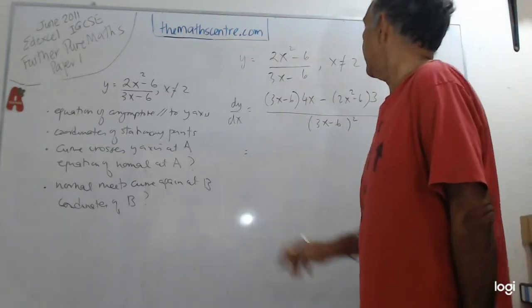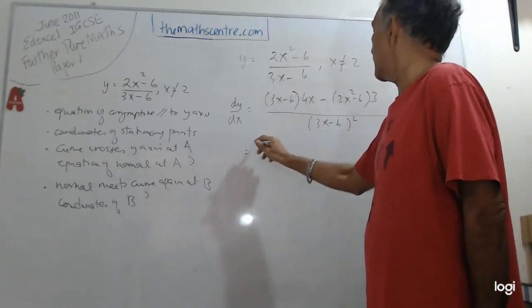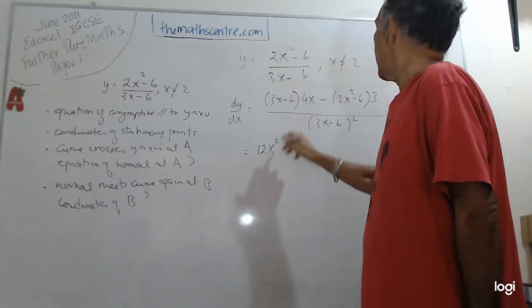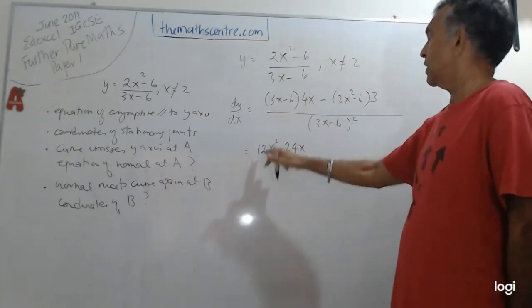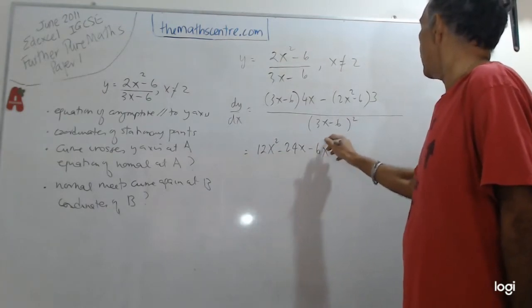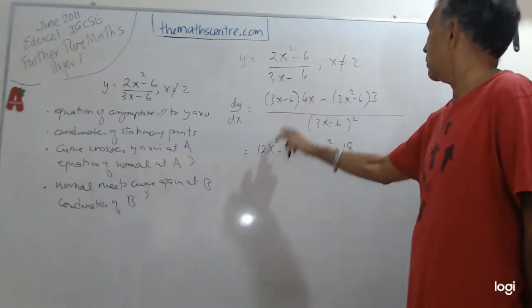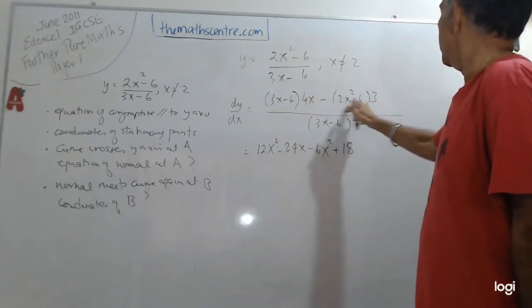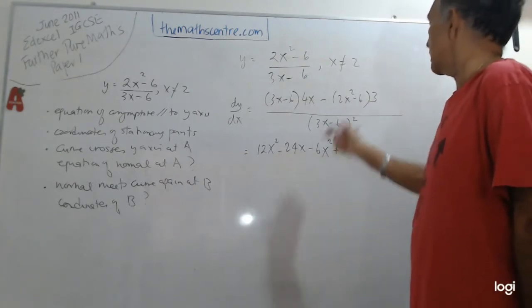Let me clean this up a little bit. I have 12x squared minus 24x, then minus 6x squared plus 18. Let me quickly double check that: 12x squared, minus 24x, 3 times 2 is 6 minus 6x squared, and 3 times 6 is 18. Great.